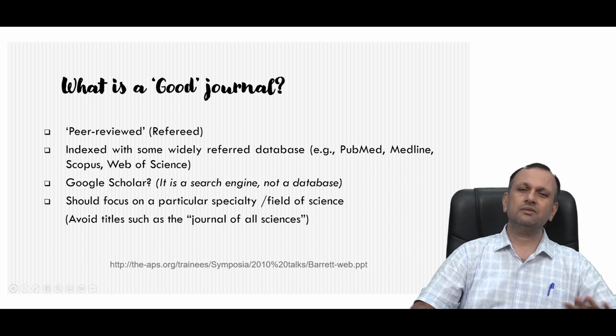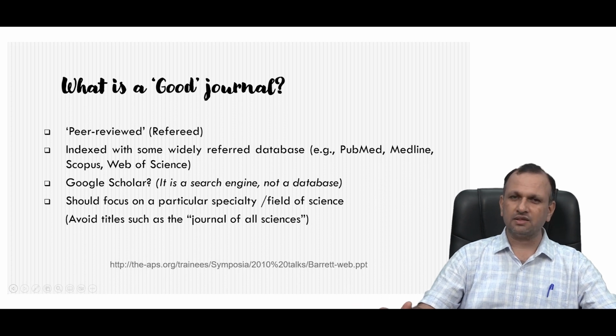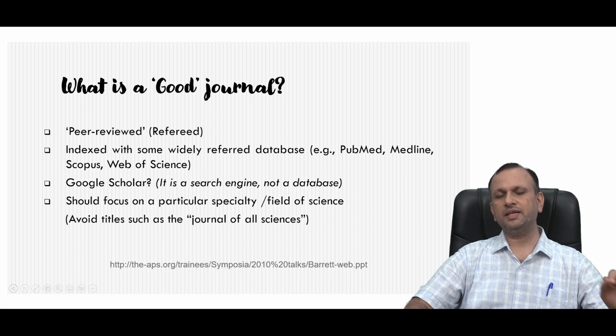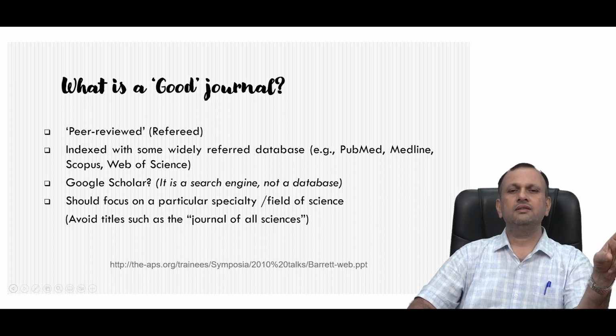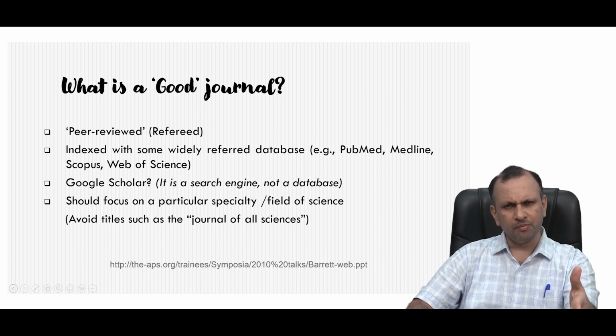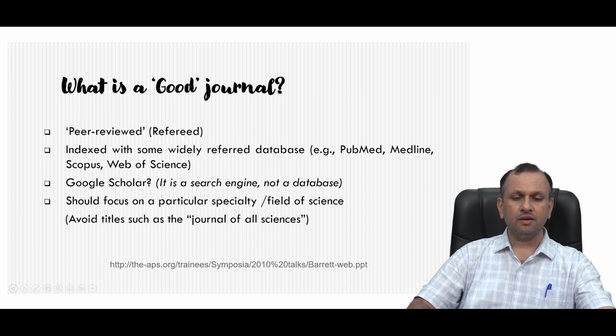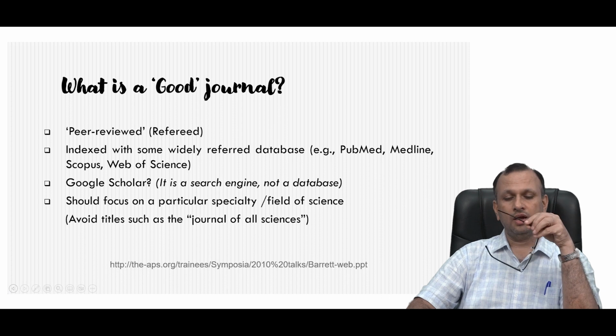So it is humanly impossible for a journal to cover all branches of sciences and all branches of humanities, right? So it is always better to prefer a journal which is focused on the research area that you are dealing with. So these are some important points that make a journal considerable. You can consider this journal for publishing.